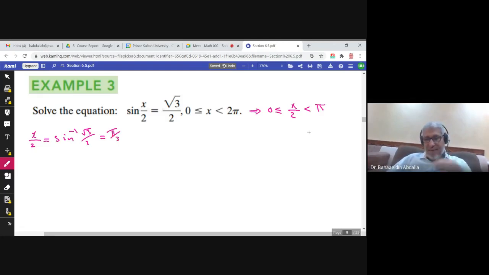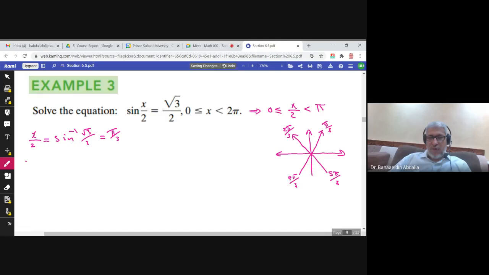So our reference angle is pi over 3. So immediately you sketch the graph of the 4 angles with reference angle pi over 3: pi over 3, 2 pi over 3, 4 pi over 3, and 5 pi over 3.